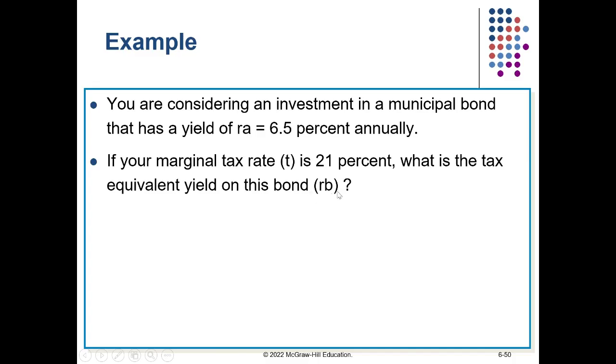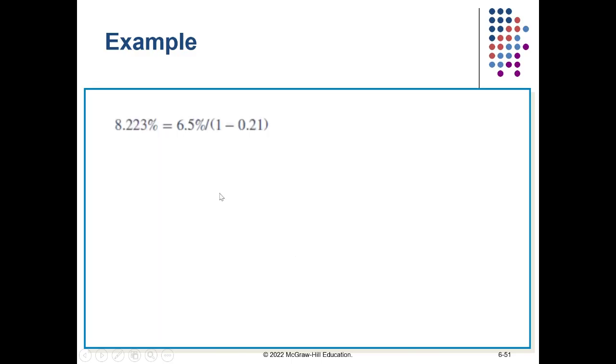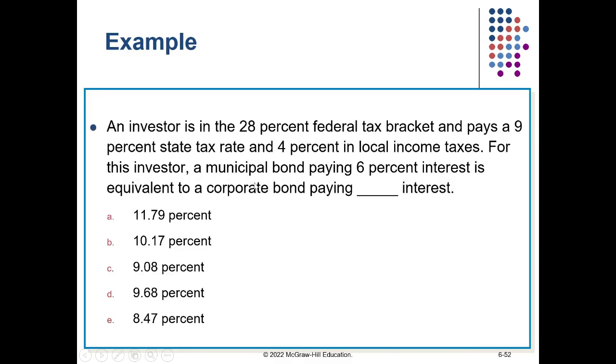I already gave you RA, which is 6.5. Here I'm asking you to calculate RB. Just use the same equation: RA equals RB times 1 minus T. So RB equals RA divided by 1 minus T, that's 6.5% divided by 1 minus 21%. Then you get 8.223%.